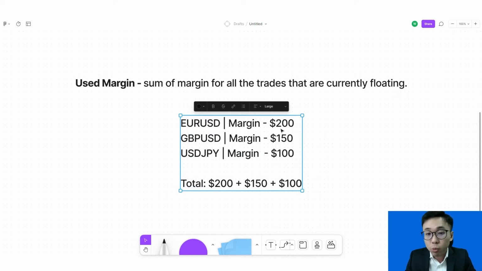Euro USD will be 200, Pound USD will be 150, and then USD to Japanese yen will be 100. So basically, to count the use margin, we just need to sum up everything here that is being incurred, which is 200 plus 150 and 100. We are going to get the answer of 450 use margin.